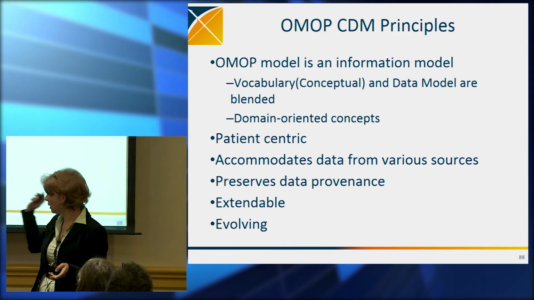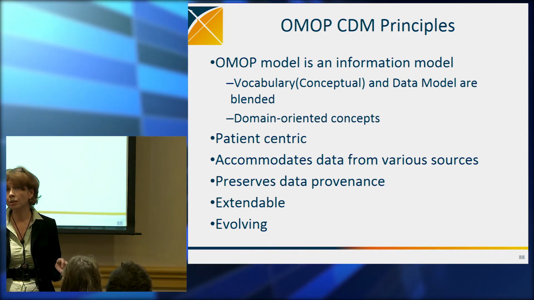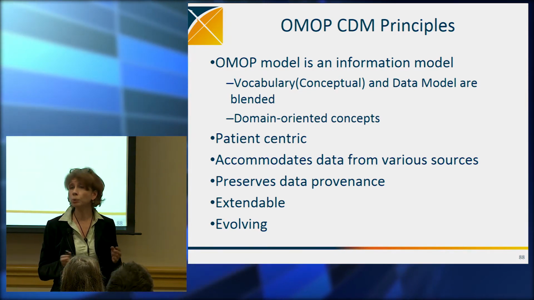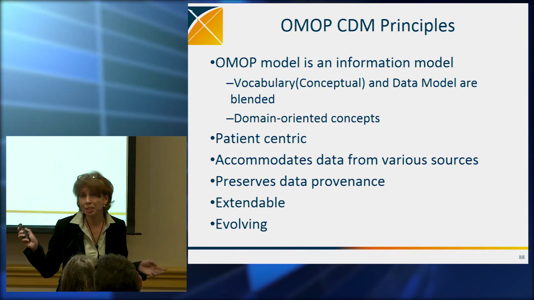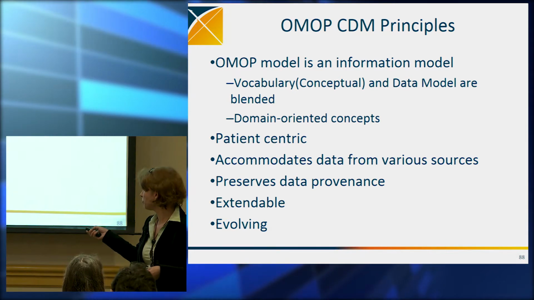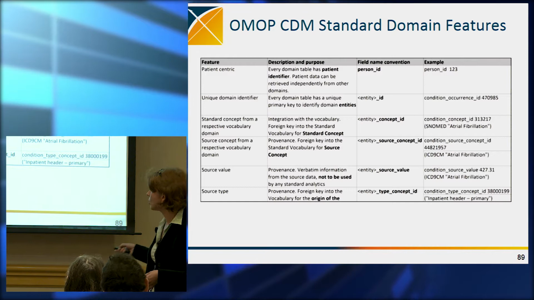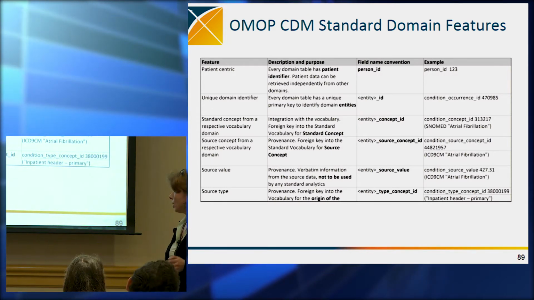Even the tables that I'm going to go through don't necessarily represent the current state. And Clair is going to talk about the process, how the model is being developed. But these are the foundational principles of the OMOP CDM. So how are these reflected in the table structures?